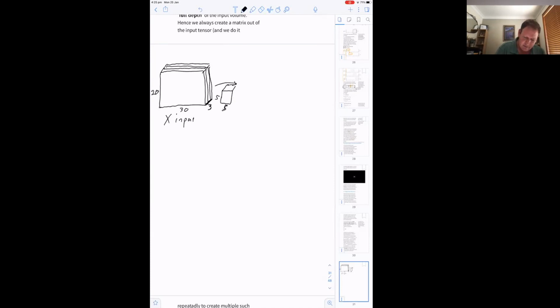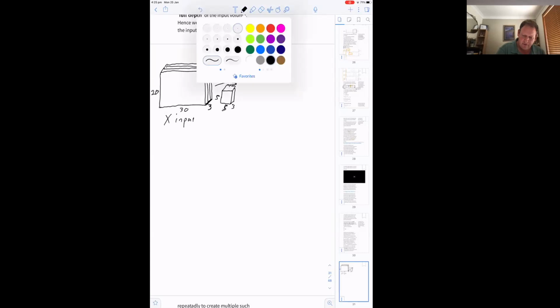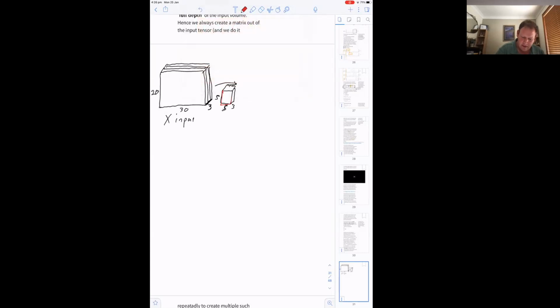It's going to be 5 by 5 by what's going to be the depth of the filter? What's going to be the depth? 3. So let's put our filters like red. Okay, that's our filter. Okay, that's the H, the filter.